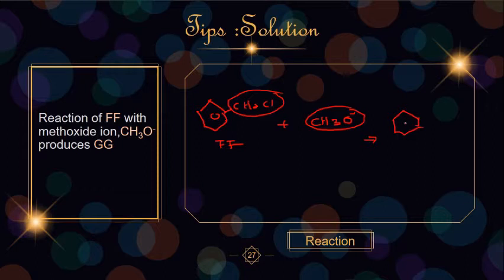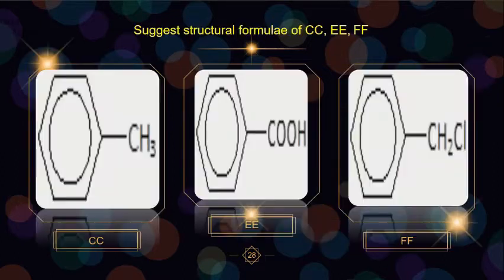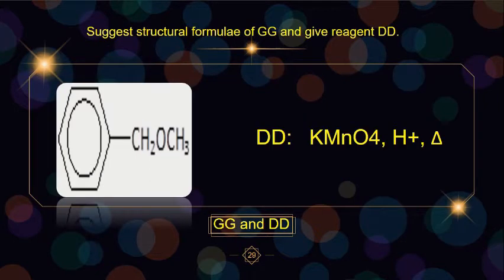It will be formed ether. So CH2OCH3. Okay, this is supposed to be your product. Okay, so this actually is GG. Okay, so I mention balik what is the CC, what is the EE, what is the FF, what is the GG, and what is the DD. Alright.